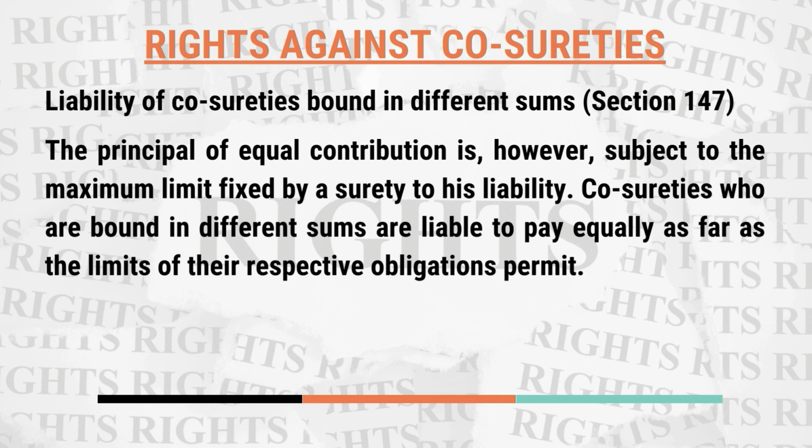Co-sureties who are bound in different sums are liable to pay equally as far as the limits of their respective obligations permit. So, if any co-surety has set a bar that I can contribute a maximum of this amount, then in that case they are bound by different sums.